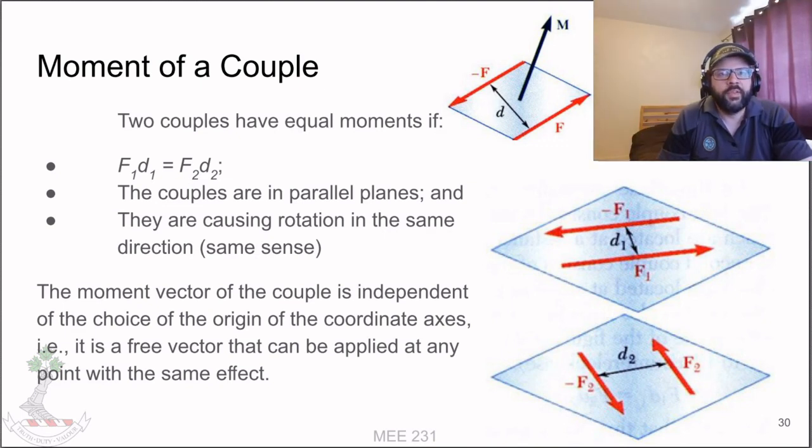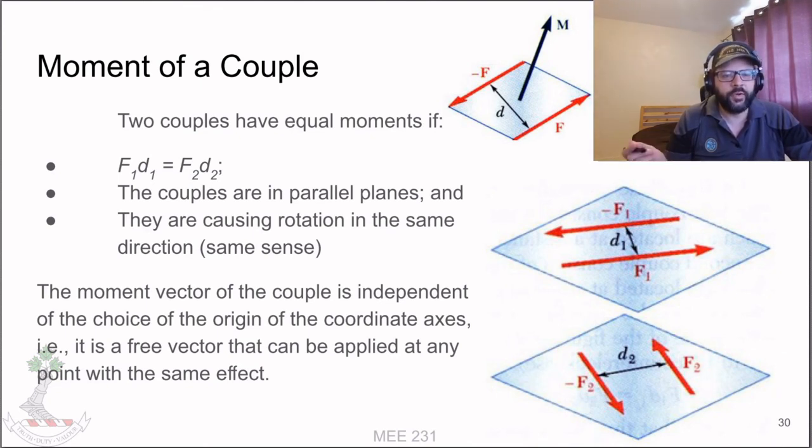So some things that we can tell you about the moment applied by a couple. Different moments that are applied to an object can be considered equivalent if a few things match. The first is that the magnitude of their forces multiplied by the distance between them is the same.